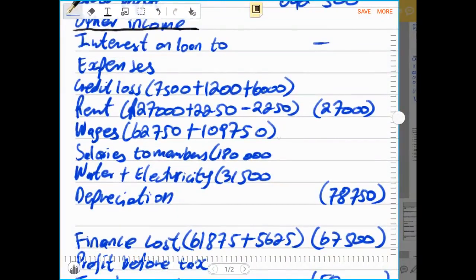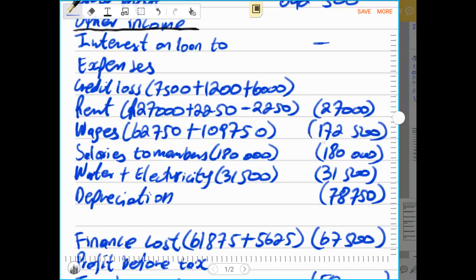Now we can record all the expenses. Salaries to members remain 180,000 rands. There was no adjustment. Water and electricity remained 31,500. There was no adjustment. Wages will amount to 172,500, which is the sum of 62,750 plus 109,750, that is 172,500.